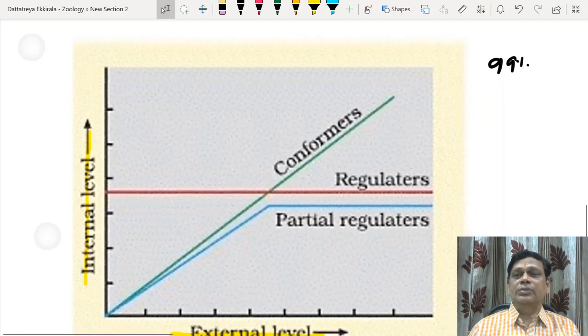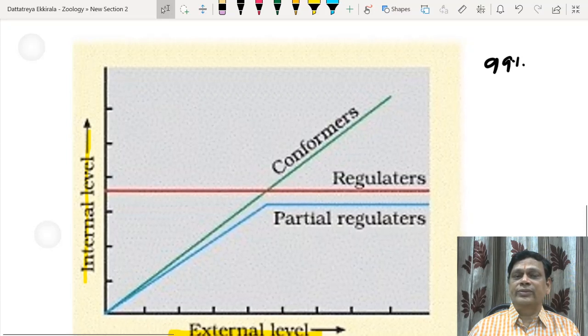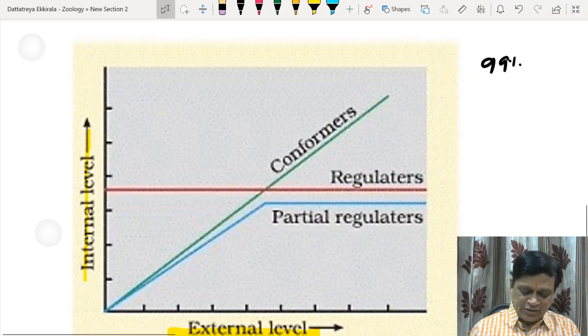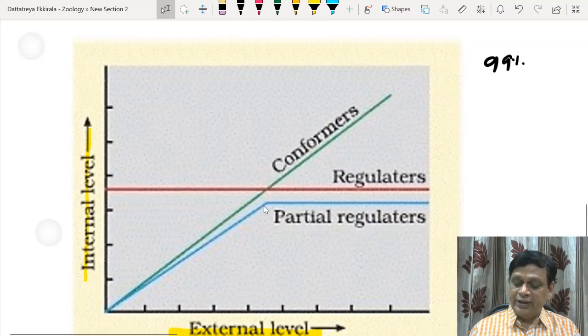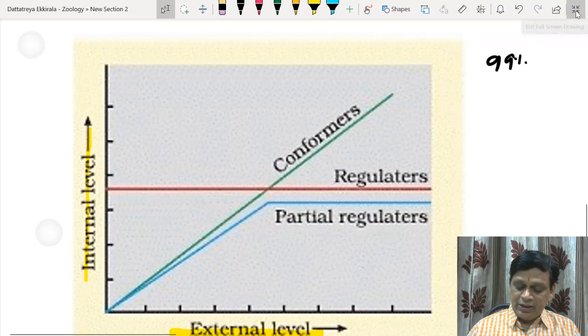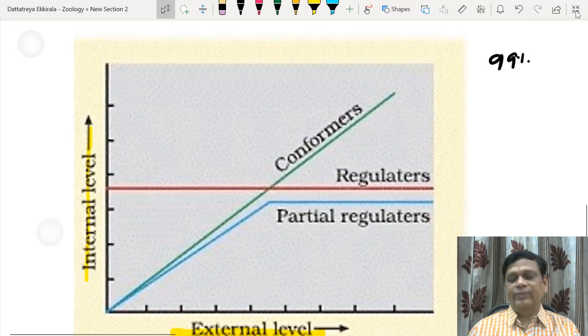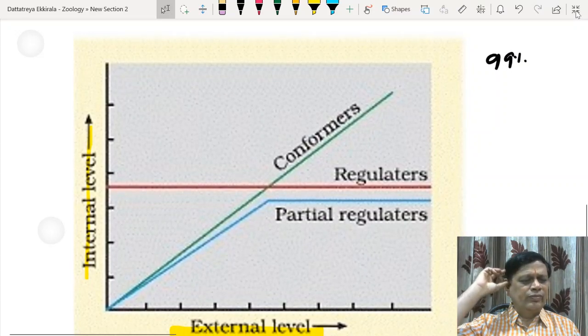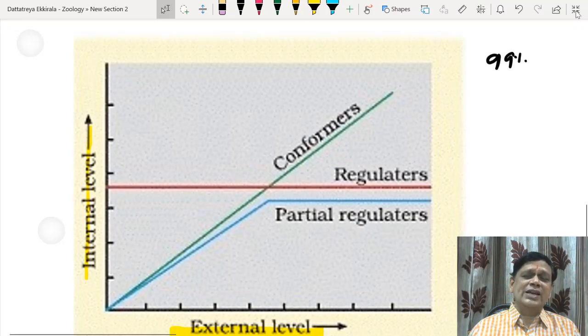For example, birds and mammals, they are regulators. Few organisms like camel will be partial regulators. They appear to be conformers, but they don't conform completely, and they will be also acting as regulator. So various adaptations, some organisms escape. So for example, migration, you can call it escape in time.